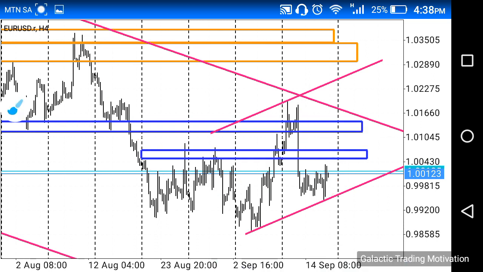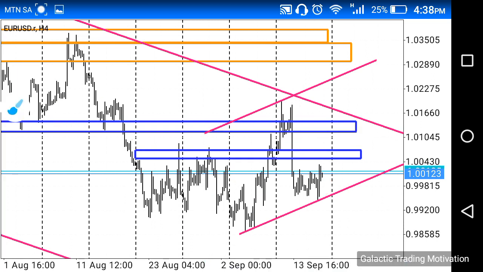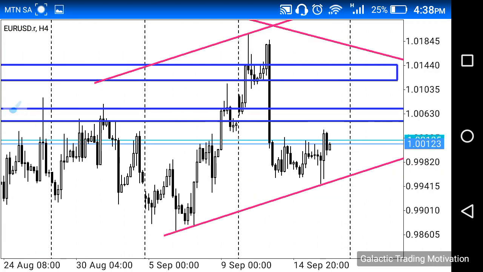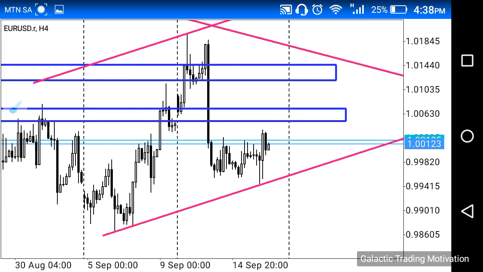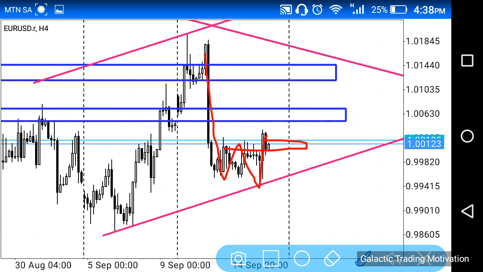So in conclusion, in as far as looking for buying opportunities go at this point in time and on the H4 chart, what I would do is I would wait for price to push slightly up, right, and to come back to the neckline, and at this point I would potentially look for buying opportunities to around this point.